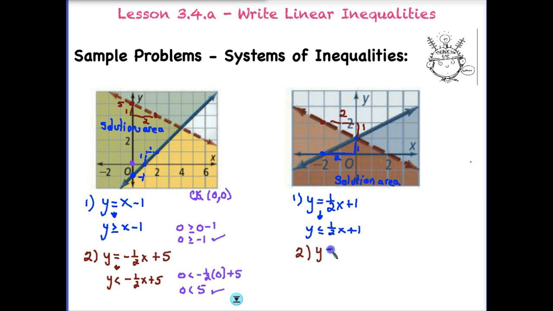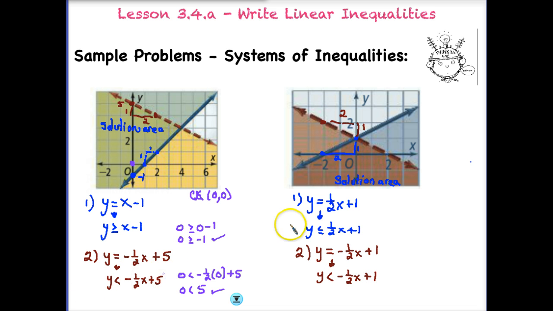So we have an equation that's y equals a negative 1/2 x plus 1. And we just need to adjust the equal sign. If I look at the shading, it is below, so it's y less than, and it's just less than because it is a dashed line and not a solid line.